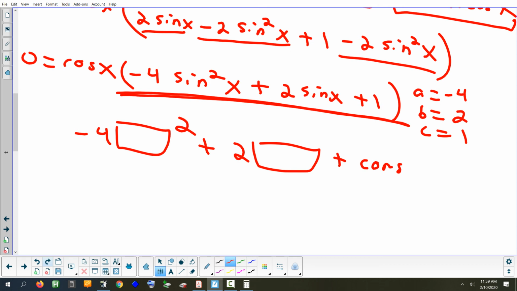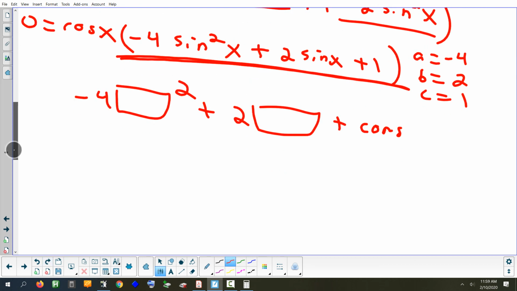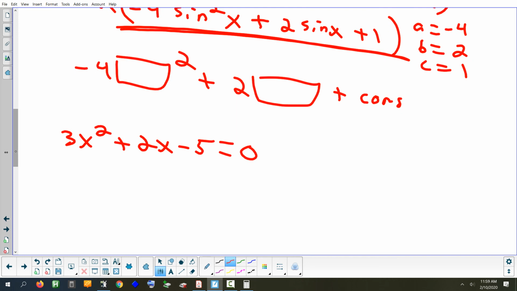I'm not going to do it. Now, when you have a regular quadratic equation, 3x squared plus 2x minus 5, what are you solving for in that equation? What are you trying to find?